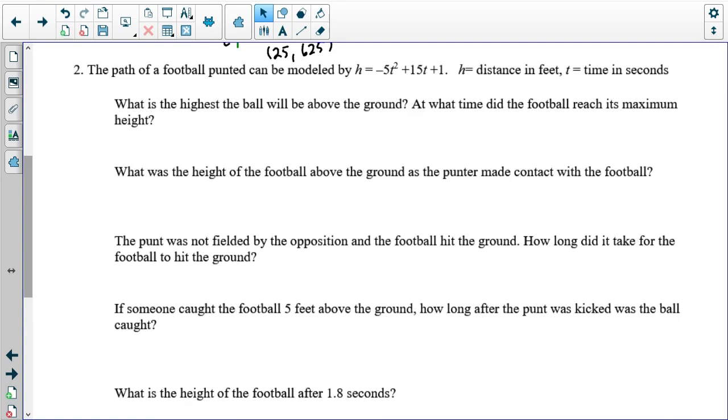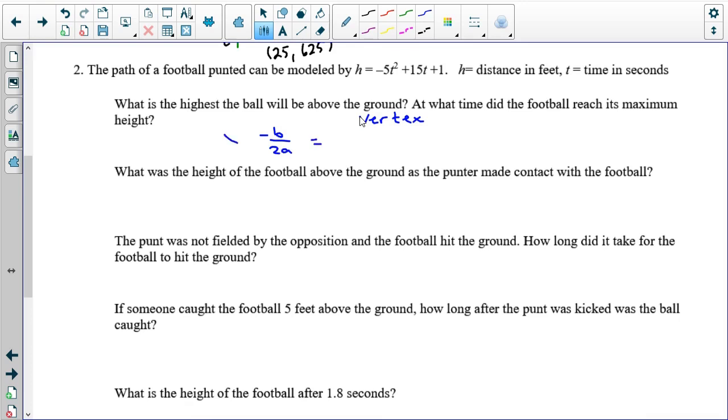The highest the ball will be above the ground is going to be at the vertex, and that occurs at negative b over 2a, since we're given this in standard form. So the x value of the vertex is negative b over 2a, so that's negative 15 over 2 times negative 5.